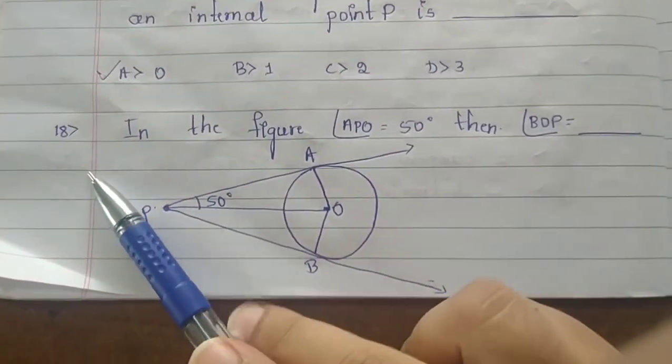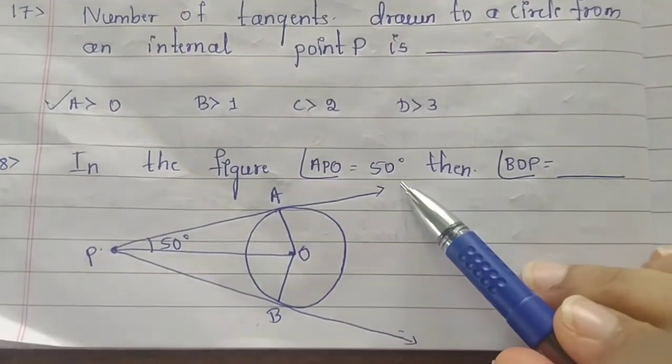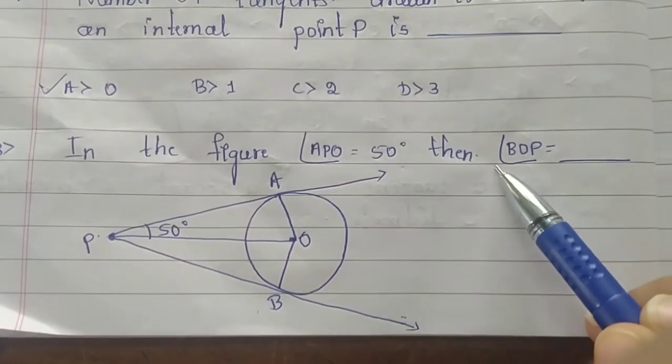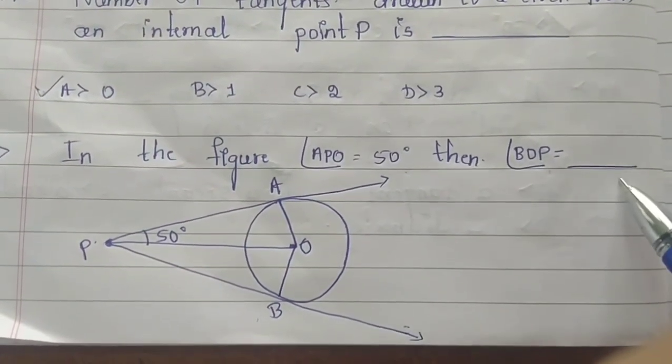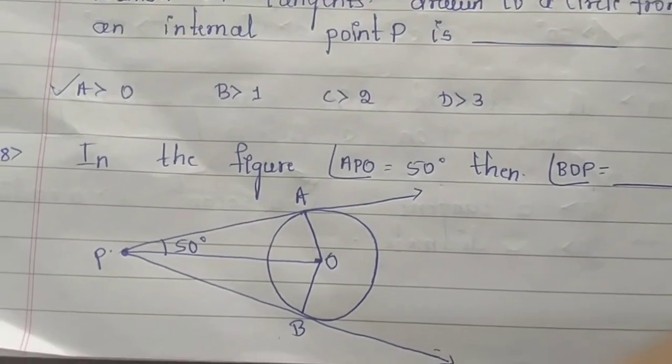Now the 18th question is: in the figure, angle APO equals 50 degrees. Then you have to find the value of angle BOP. Here we will see the solution.